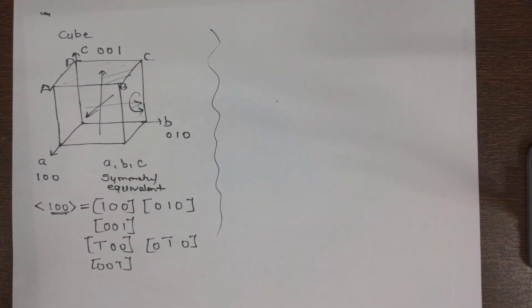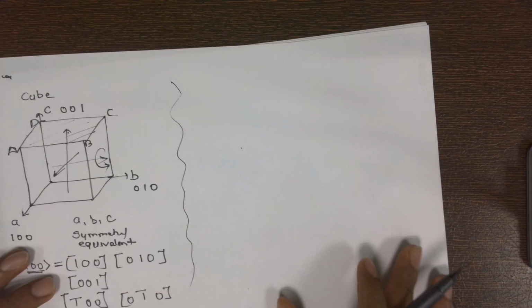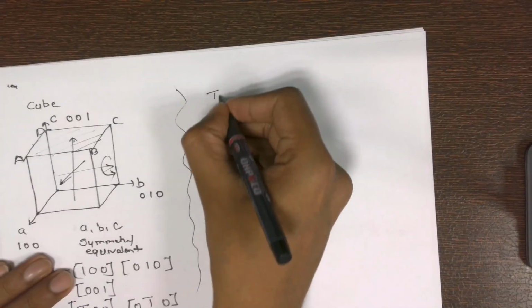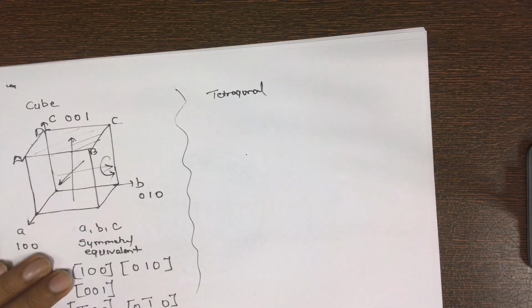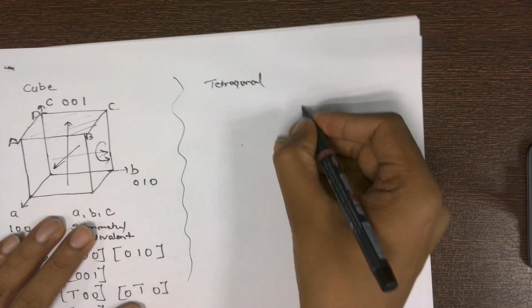Now the same thing. We talk about the square. Now in tetragonal, let's draw a tetragonal.